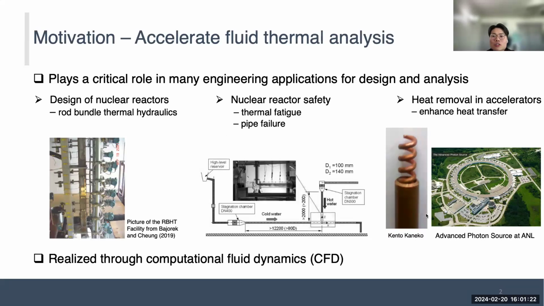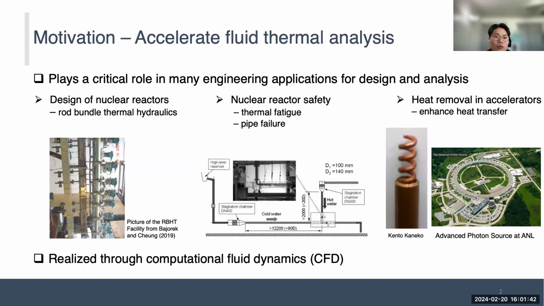So our group is interested in fluid thermal analysis, which plays a critical role in many engineering applications for design and analysis. For example, designing nuclear reactors requires you to understand the rod bundle thermal hydraulics.